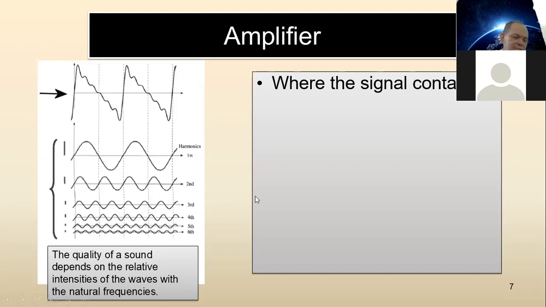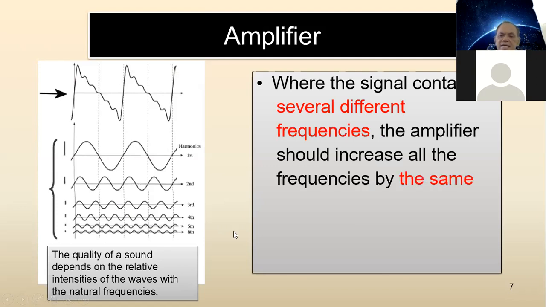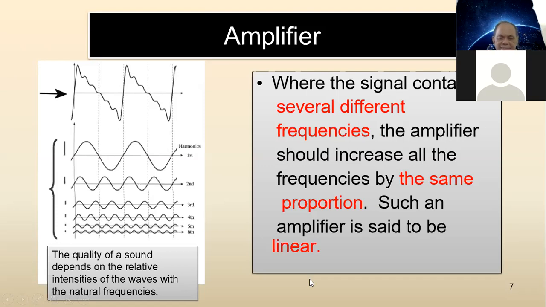Where the signal contains several different frequencies, the amplifier should increase all the frequencies by the same proportion. That means if you double, all these amplitudes must be doubled. We call such an amplifier linear.